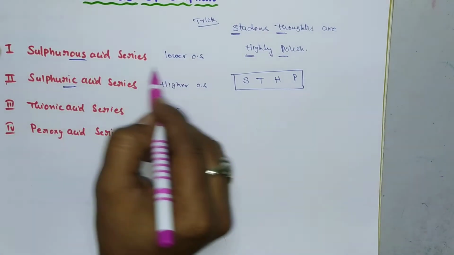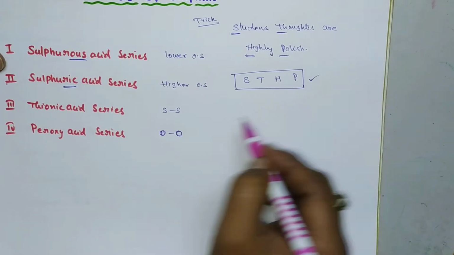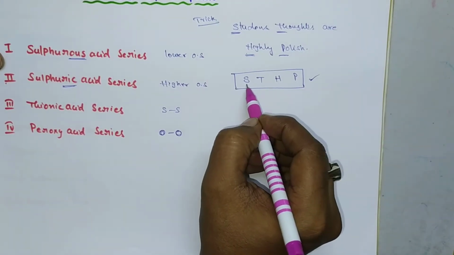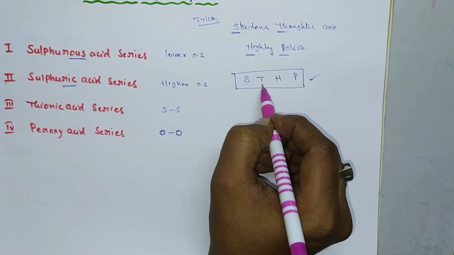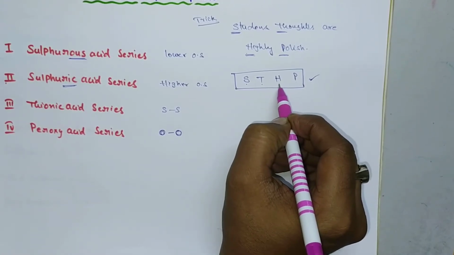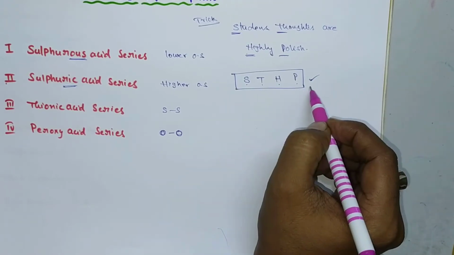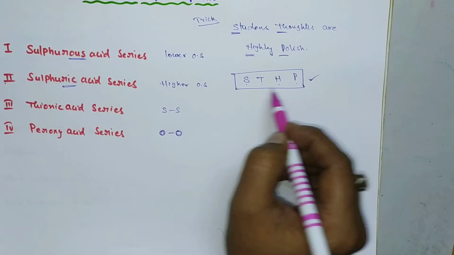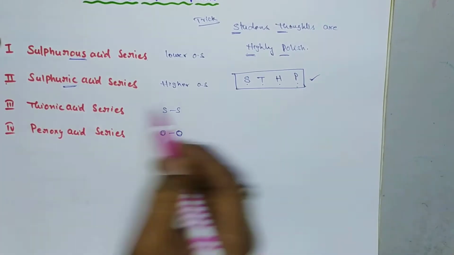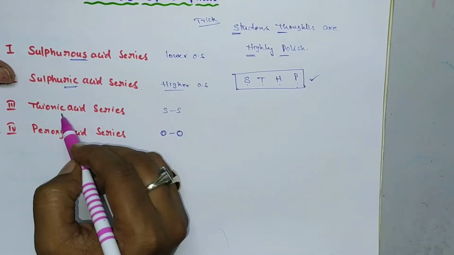In case of the sulfurous acid series, these four oxo acids will be there: S means sulfurous acid, thiosulfurous acid, hyposulfurous acid, pyrosulfurous acid. Like this, in the sulfurous acid series, four oxo acids will be there. In case of the sulfuric acid series, sulfuric means it will exhibit higher oxidation states.